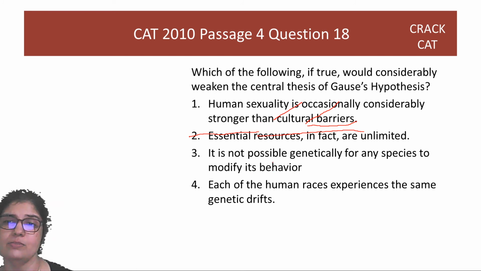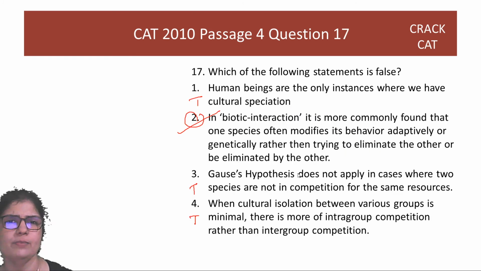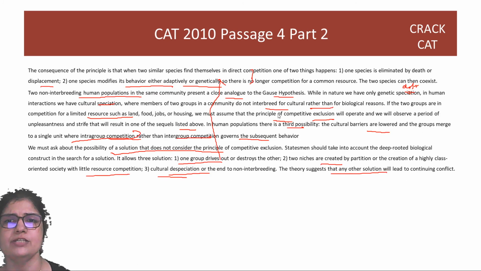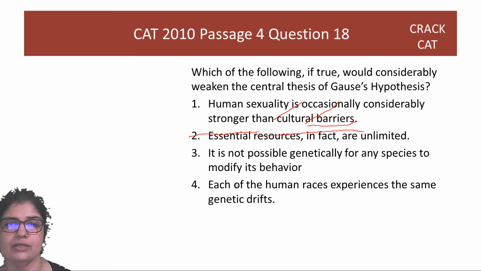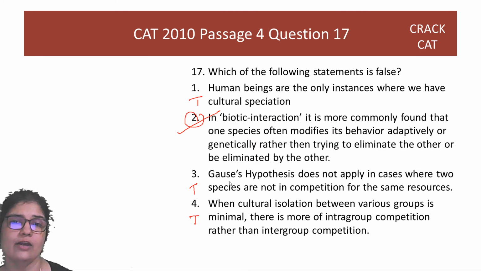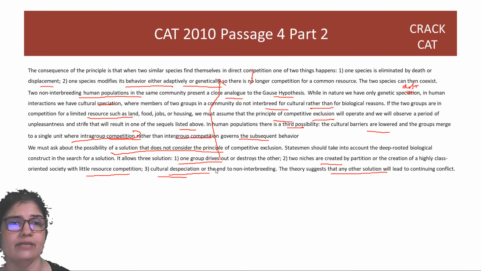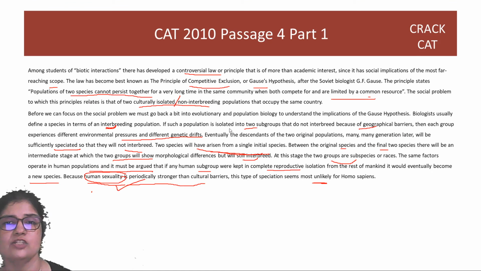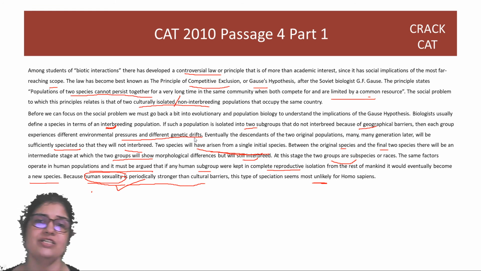It is not possible genetically. So they're saying it need not be genetical. Adaptively or genetically, if you see here, either adaptively or genetically is mentioned. So this also does not weaken because our argument works with all these things. But the argument assumes that if such a population, then each group experiences environmental pressure and different genetic drift.